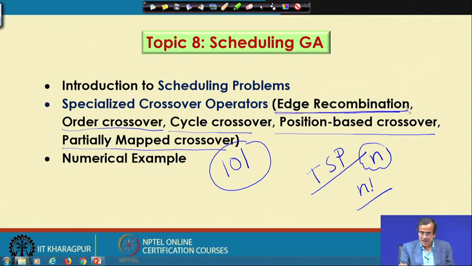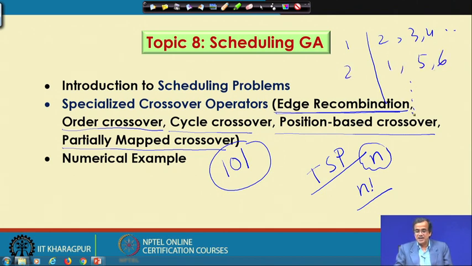Now, in edge recombination actually what we do is we just try to maintain one connectivity table or the edge table, and starting from the 2 parents, I will have to find out 2 valid children. So, we start with the starting city of parent 1 just to get the starting city of child 1, and whatever cities we have taken, we maintain one connectivity like city 1 is connected to say 2, 3, 4 something like this, 2 is connected to 1, 5, 6 something like this.